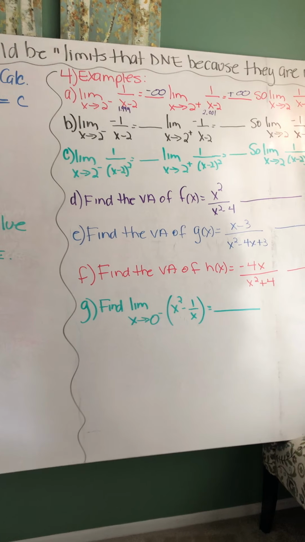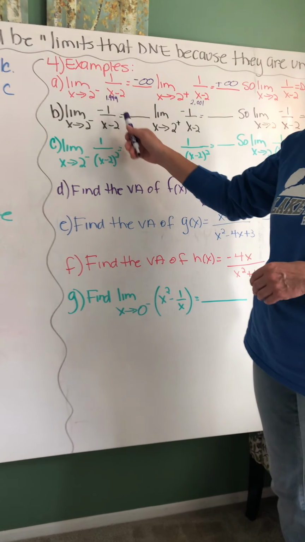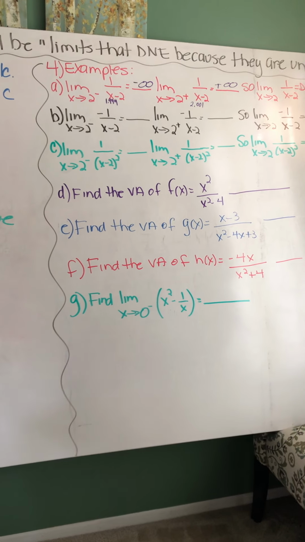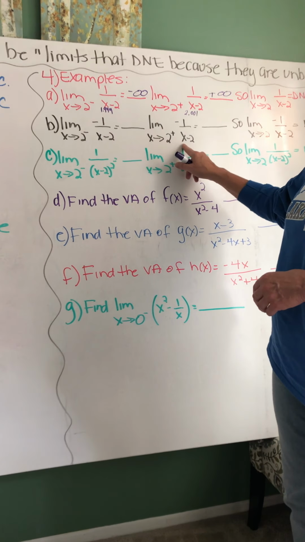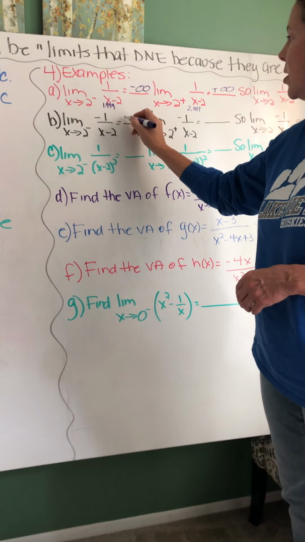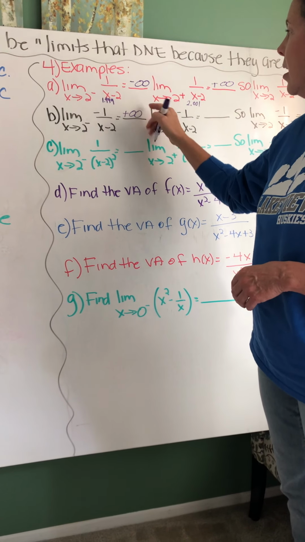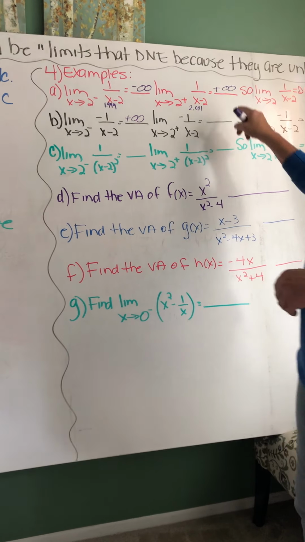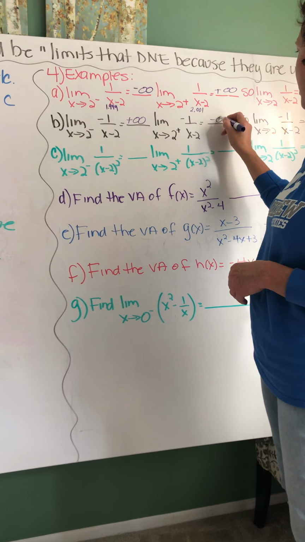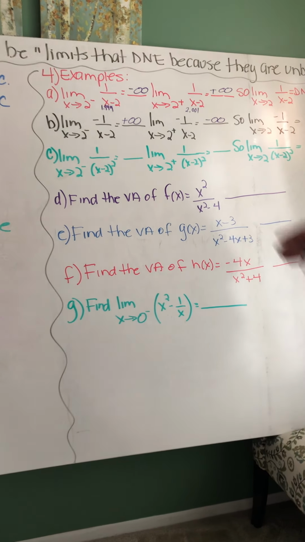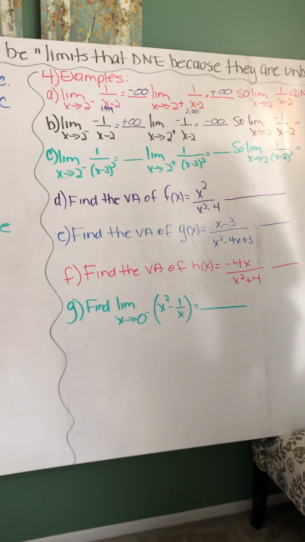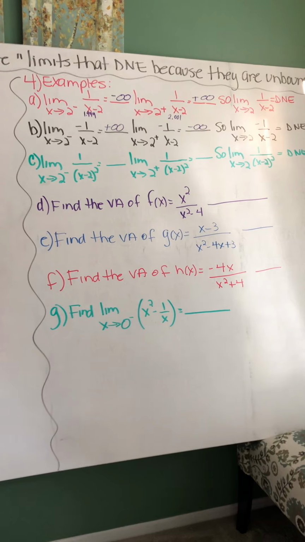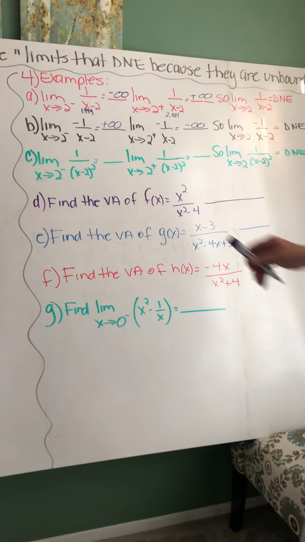Notice here, the only thing that's changed is now the numerator is negative, where before it was positive. Otherwise, everything is the same. So that means it's going to change the sign of negative infinity to positive, and from positive infinity to negative infinity. Again, that means the limit as x approaches 2 of negative 1 over x minus 2 does not exist. Okay, let's take a look here.